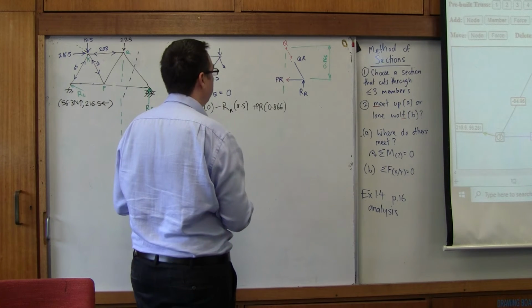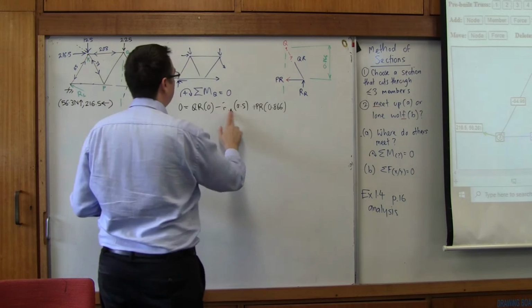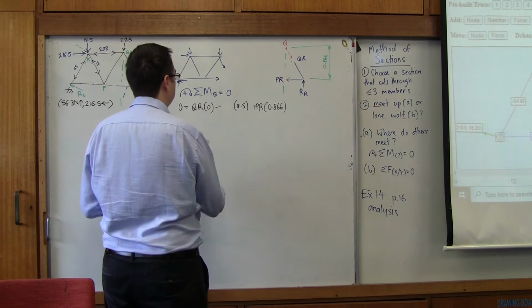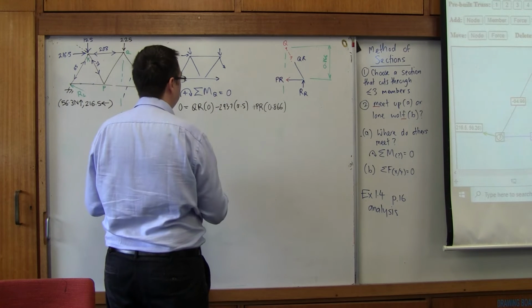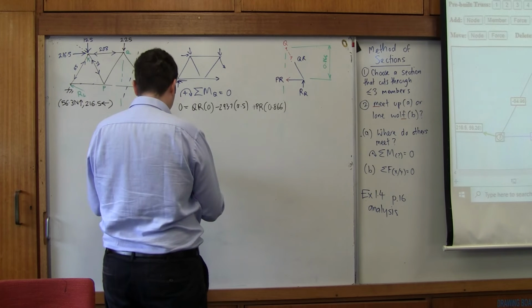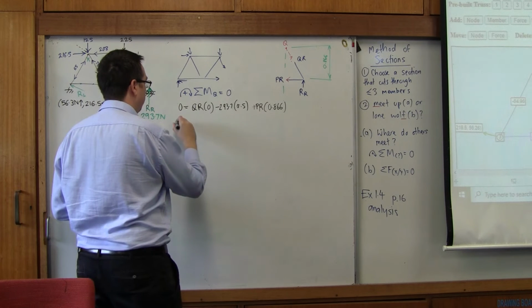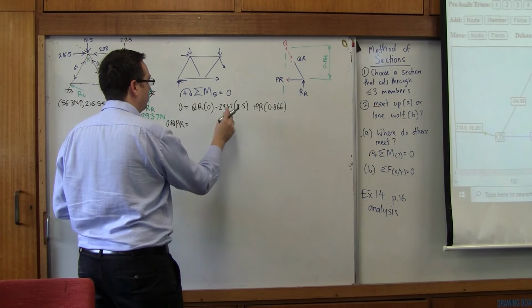So we actually know the value of R, so I can write that in as 293.7. We're going to say 0.866 PR equals that number.